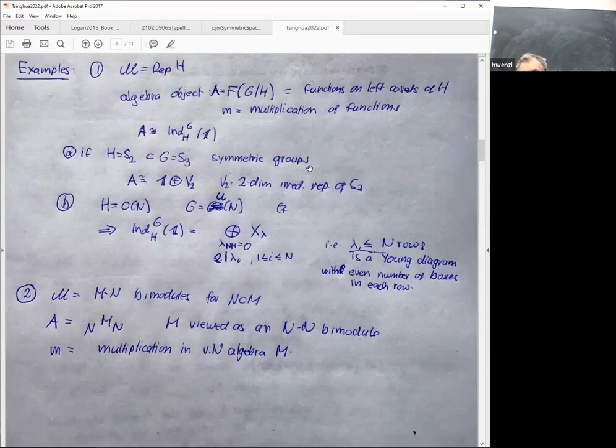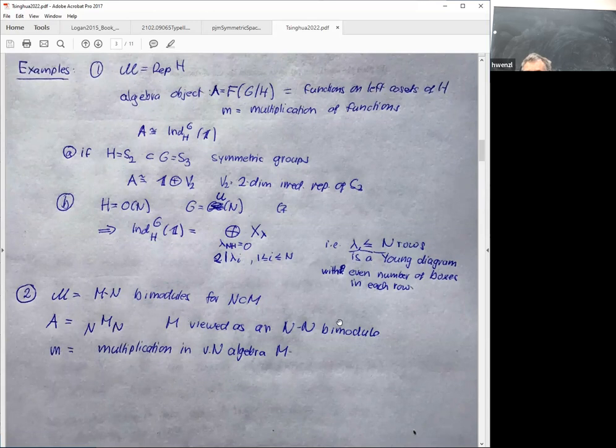So in principle, one can calculate this. Another example: let's go back to our subfactor example, where M is the category of M-N bimodules for N and M. Then the algebra object is the most obvious thing one could think of, namely the big factor M viewed as an N-N bimodule.